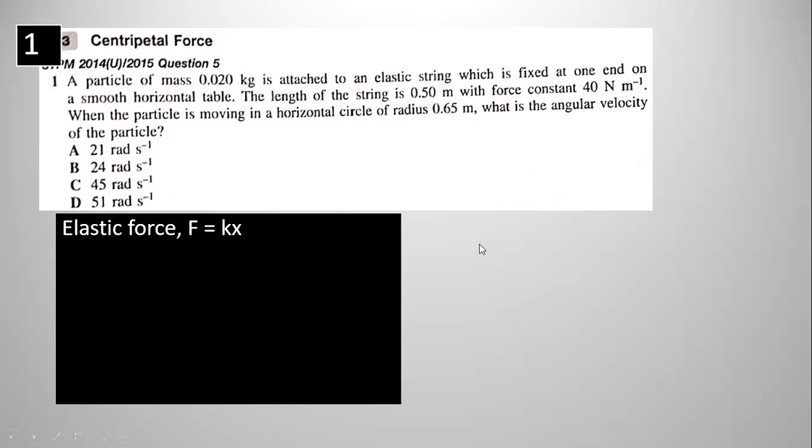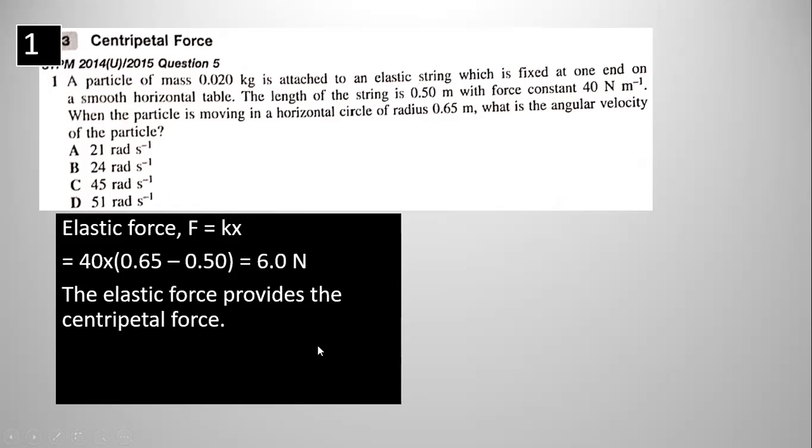So your elastic force is F equals Kx. K is 40. Your final radius minus initial radius is your extension. Calculate out, 6. So that is your centripetal force.